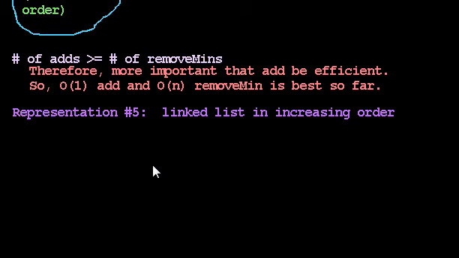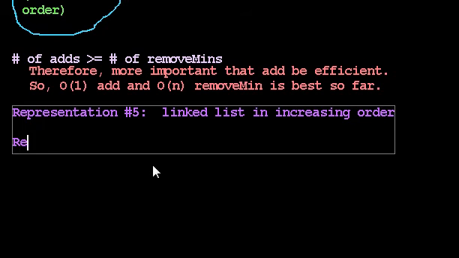and then afterwards we'll try representation number 6, which will be our final way of representing the structure using traditional things like dynamic arrays and linked lists.